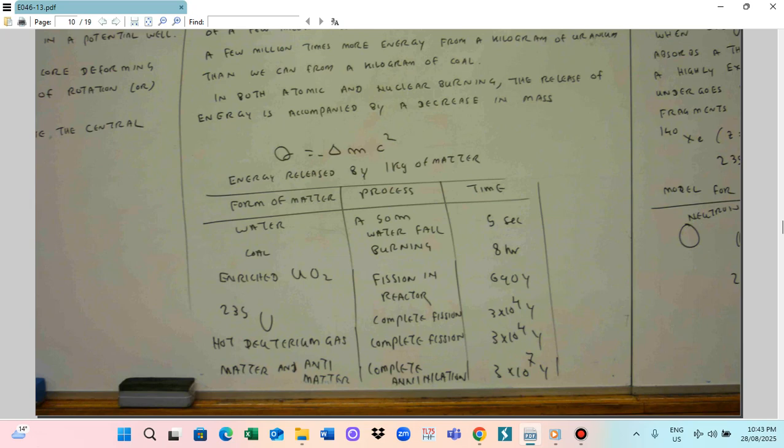Electrons are held in the atom by the electromagnetic Coulomb force.